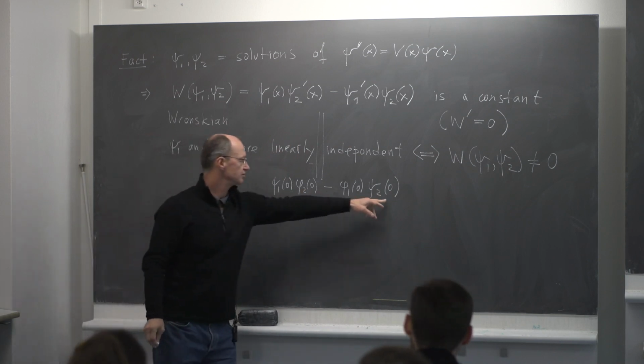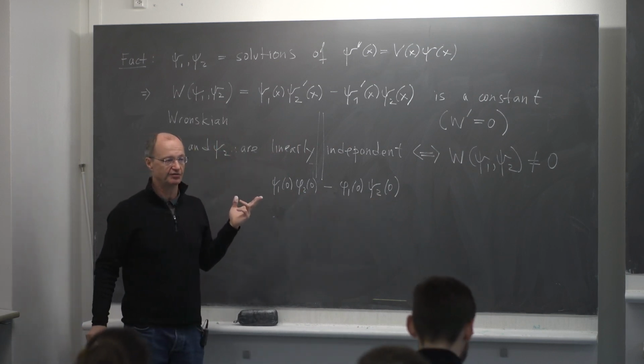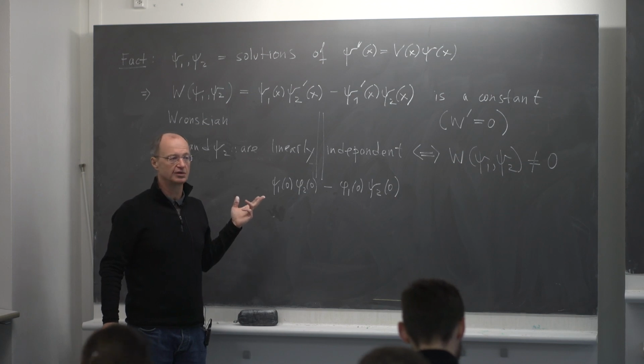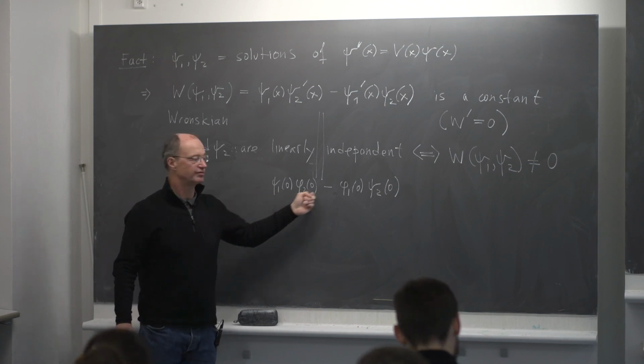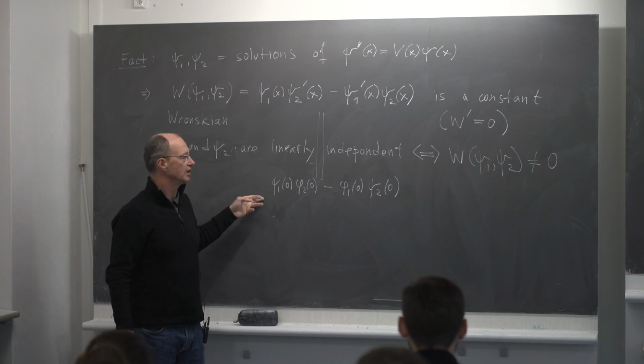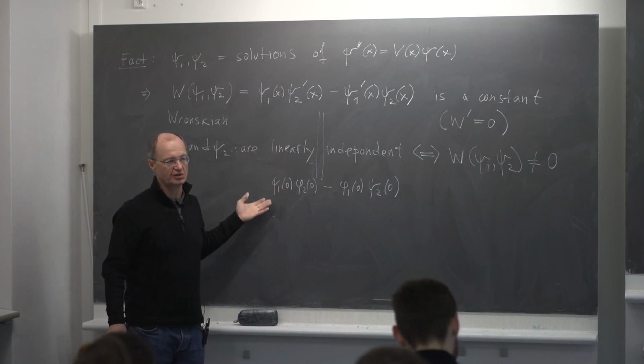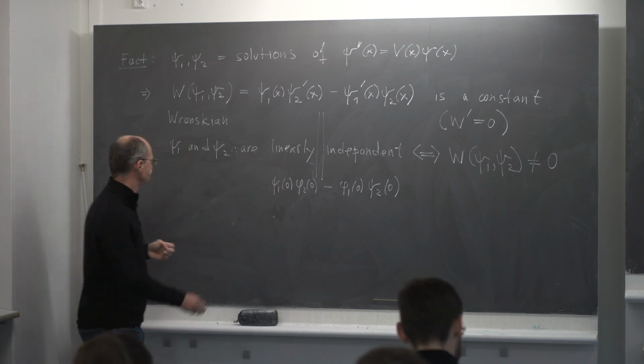And this is equal to 0 if and only if the vectors are collinear. The vector psi 1, phi 1 and the vector psi 2, phi 2 are collinear, which means that they are linearly dependent.